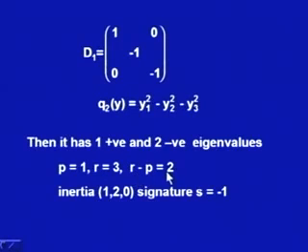So the number of negative values will be R minus P, that is 2, and from here inertia is positive values 1, negative values 2, zero values 0. So the number of zero values is 0 here. So inertia is this triad, and the signature of this quadratic form is S is equal to minus 1, because we are having more negative eigenvalues compared to positive eigenvalues. So the signature comes out to be negative.